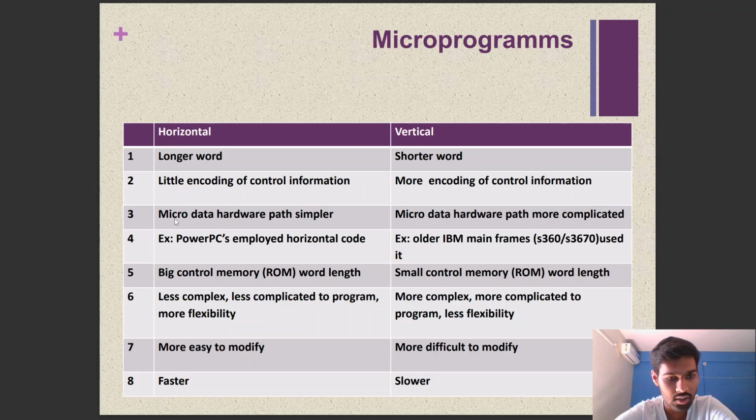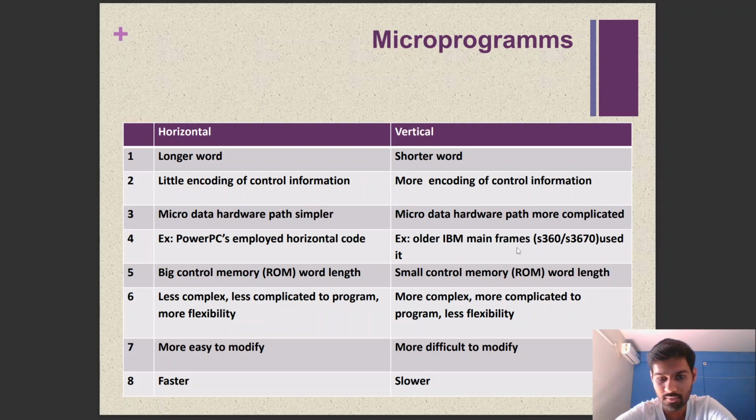In horizontal, the microinstruction hardware path is simpler, and in vertical the hardware path is more complicated. As an example of horizontal, PowerPCs employ horizontal code. For vertical, we have the older IBM mainframe.